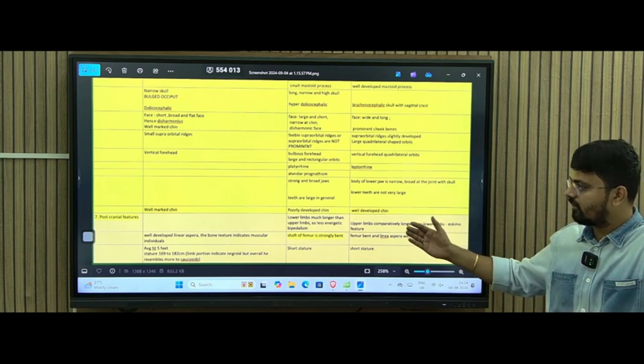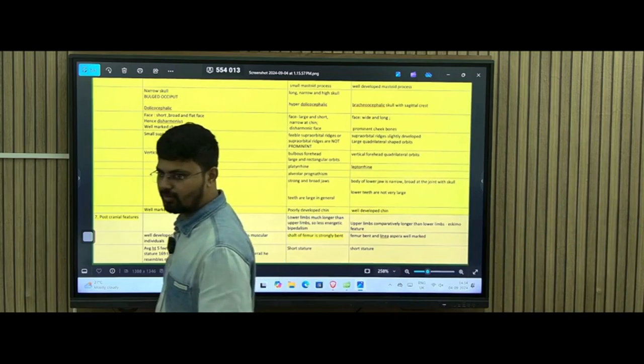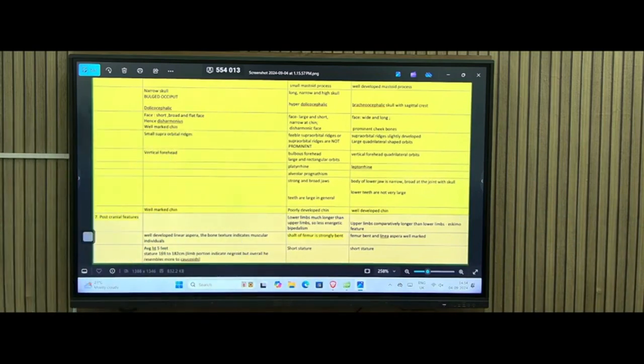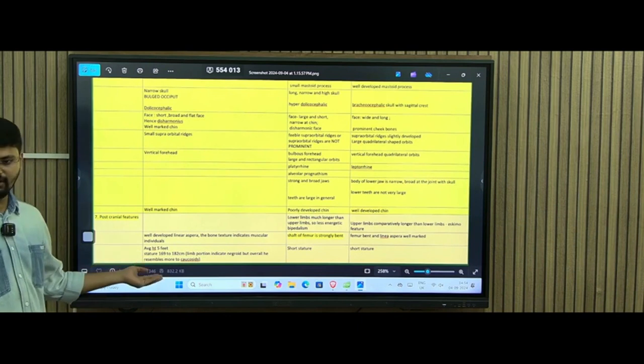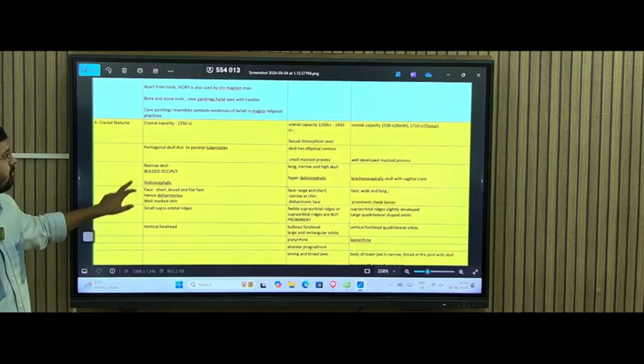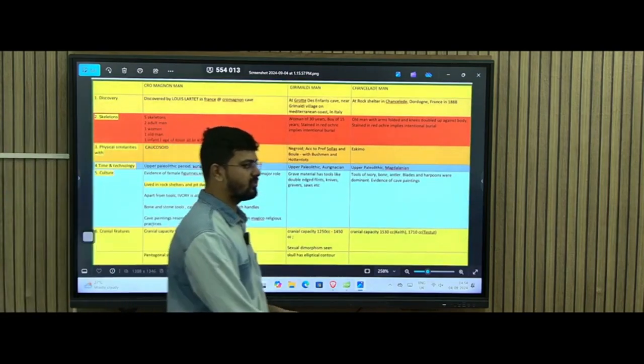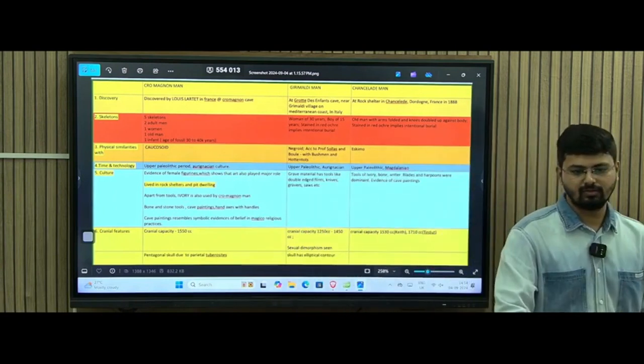So it is well developed here, and the bone texture indicates muscular individuals. By seeing the bone, we can get to know that they were very strong individuals, with average height and weight. So this is with respect to Cro-Magnon. Then Grimaldi. This is also a place where a fossil was found.